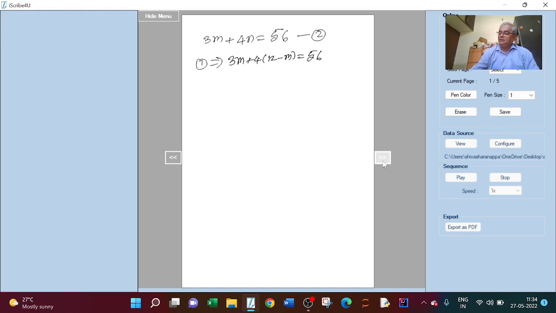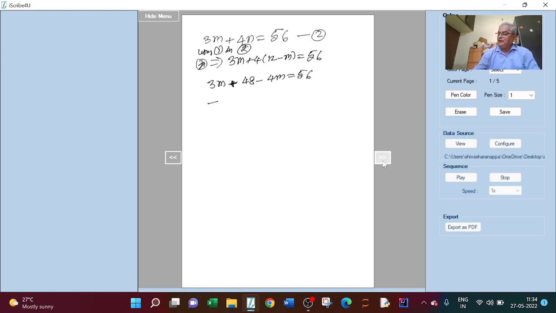Solving this equation, 3M plus 48 minus 4M is equal to 56.